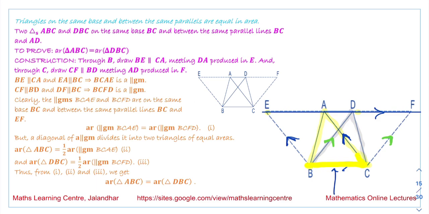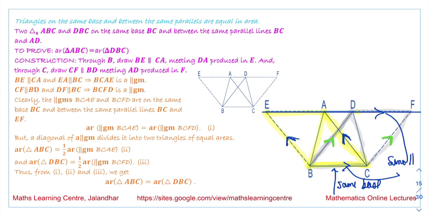So we get this figure BCAE, and the second figure BCFD. Both of these are parallelograms. Both these parallelograms have the same base and lie between the same parallels, so it means that they have equal area.